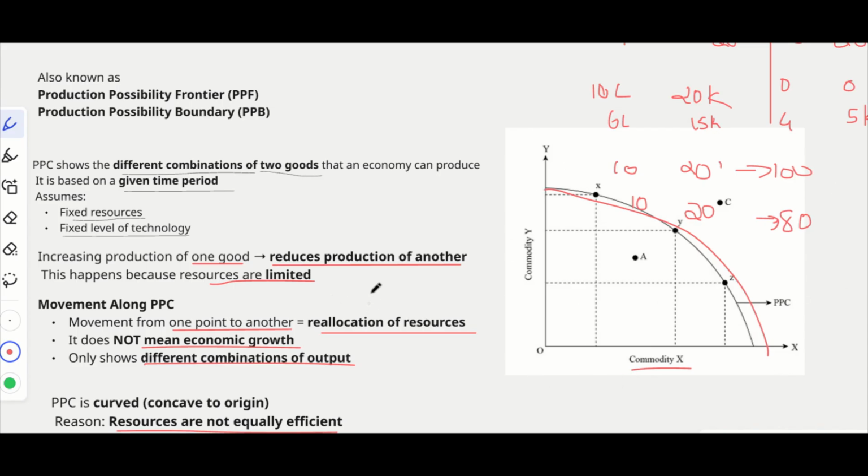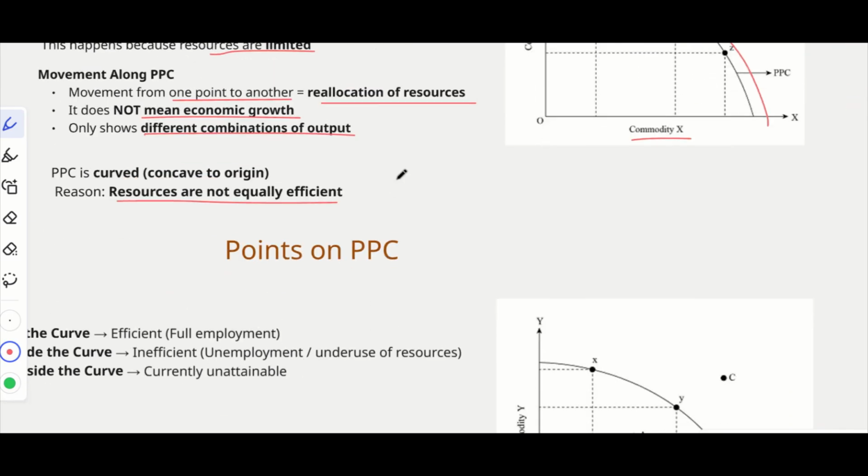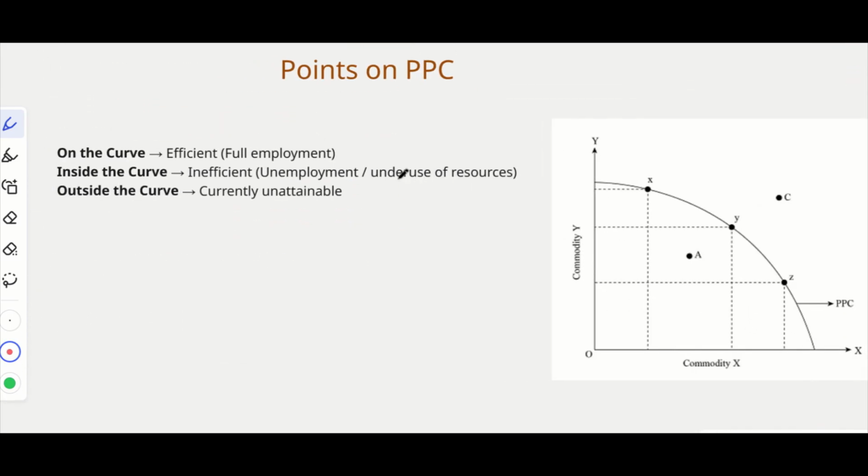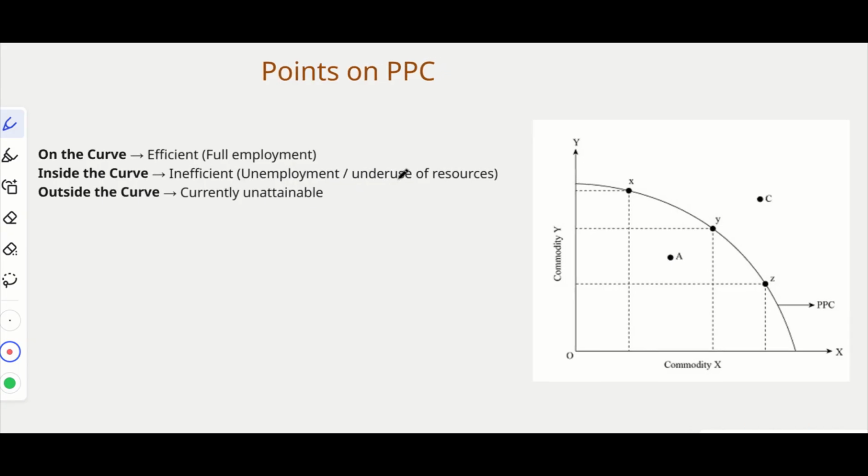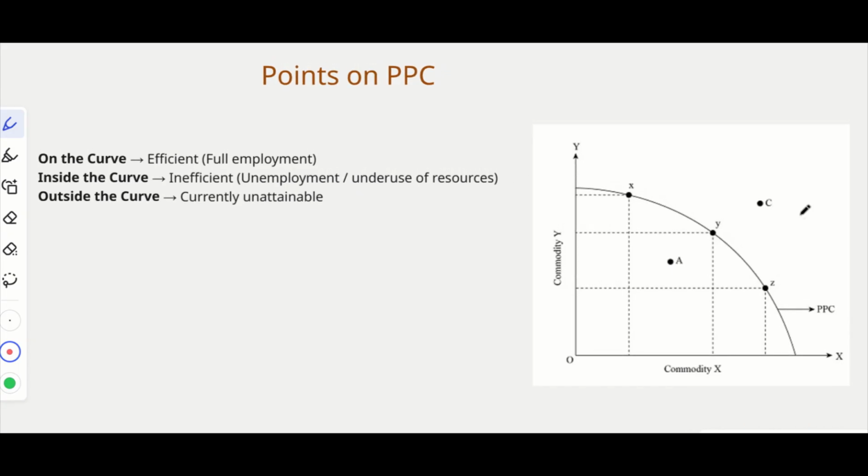Now let's learn about points on the PPC. You can see a lot of points here, right? Point X is there, point Y is there, point Z is there. So what do these points show? Any idea?